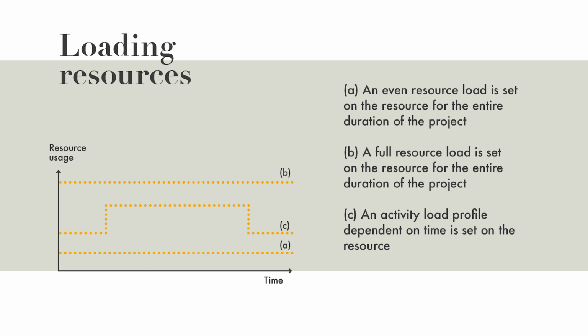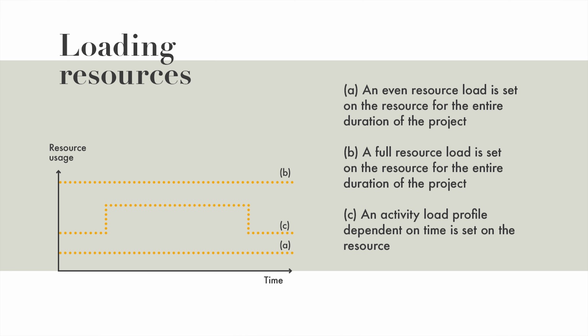We can set an even load for a specific resource throughout the whole project, for instance, 20% of the available time of that resource. Or we can set the full resource load for a person, meaning that we use him or her to 100% of available time in our project.